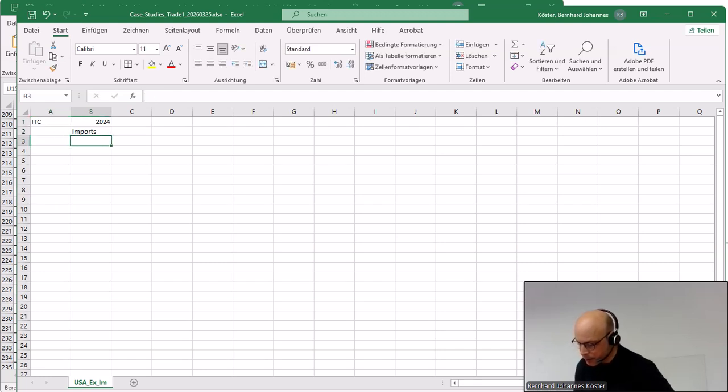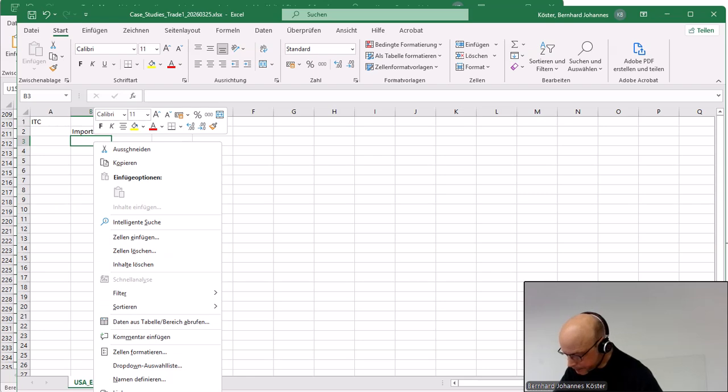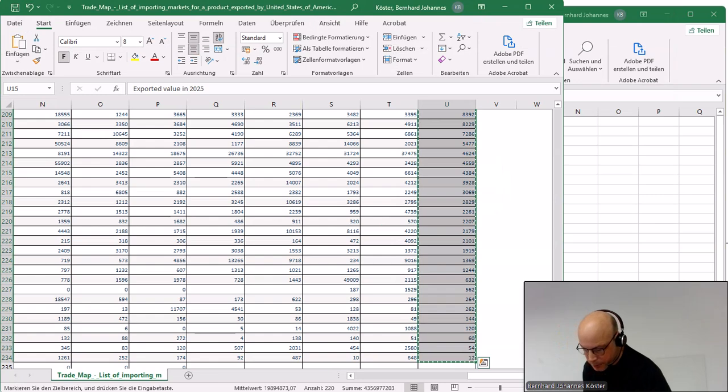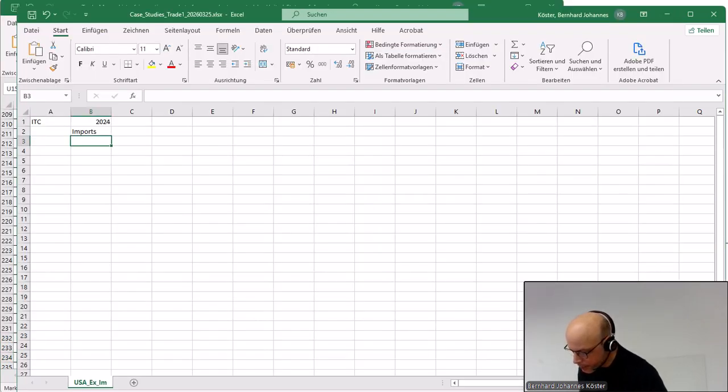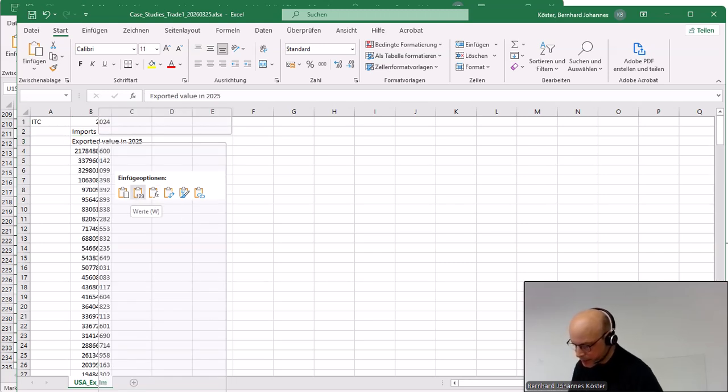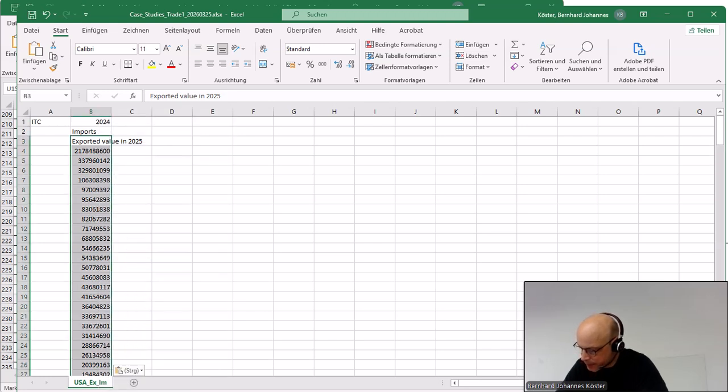I recommend that you also give yourself just a hint where your data comes from. Then I copy this. Then again, copy. And you should use, if you copy data, this option here, because then you know that you are only copying the numbers. Otherwise, maybe you are also copying the format, and this causes sometimes some problems.